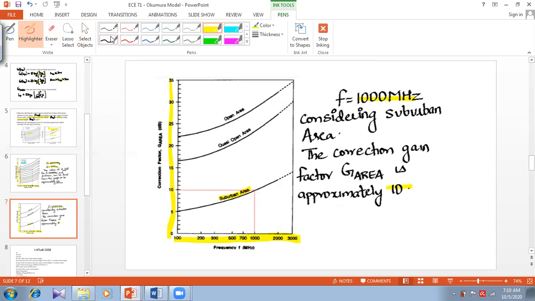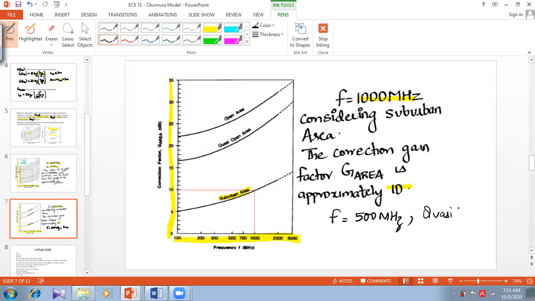Now, just for your understanding, let us consider the frequency to be 500 megahertz, and we can consider a quasi open area.